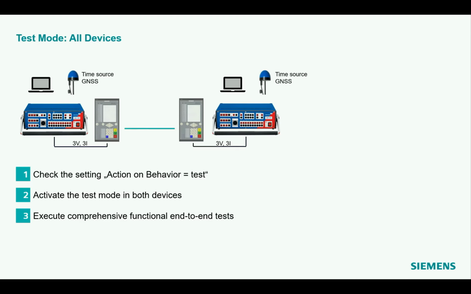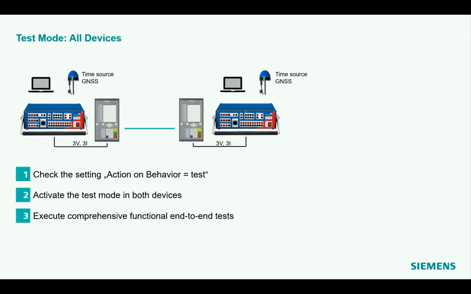First test mode is the setting test mode of all devices. Here we have a setup. You can have a setup in mind like it is shown on the slide. For example, you have the two devices standing on your desk in your laboratory, and you have two Omicrons connected to each device, and the two Omicrons are synchronized with each other.